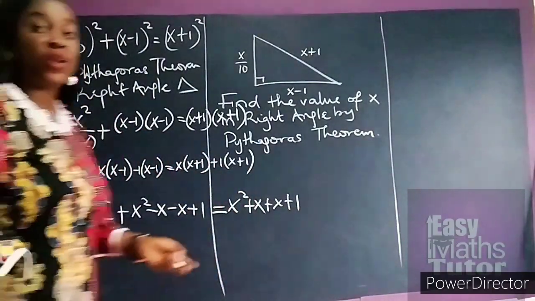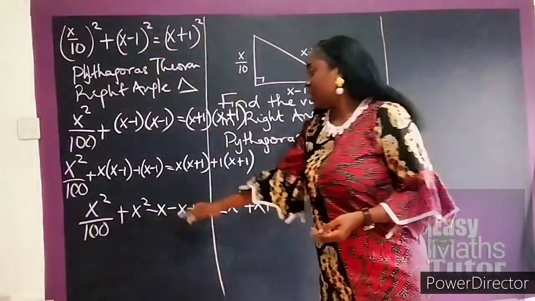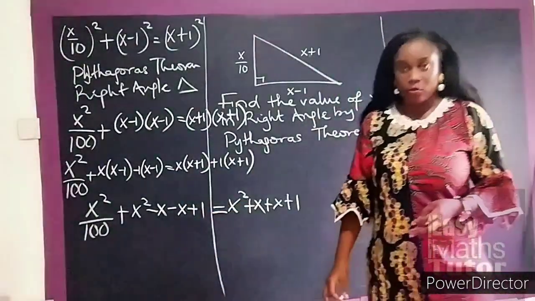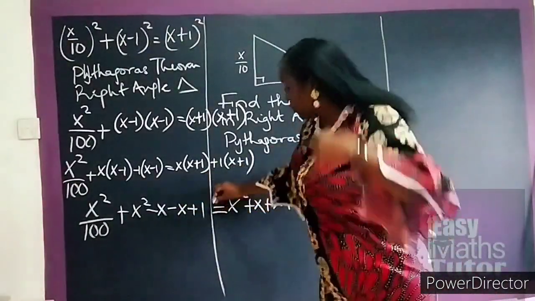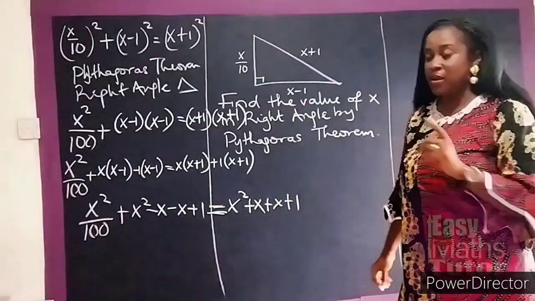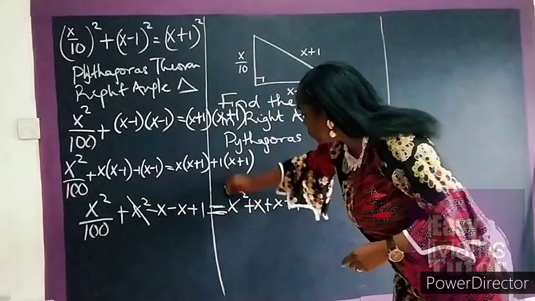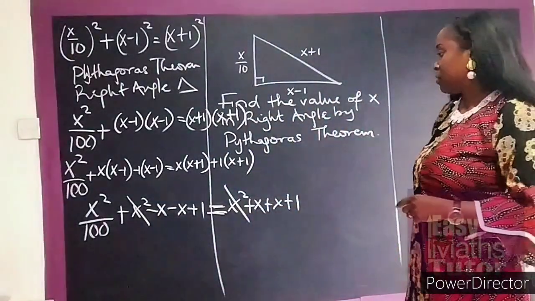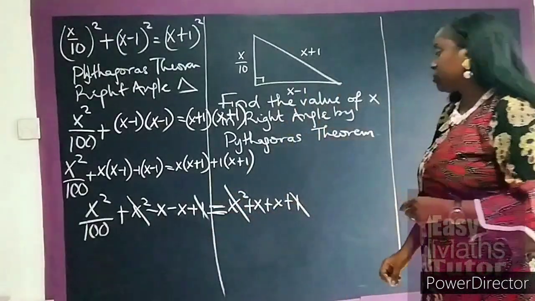Alright? So I'm going to do a quick trick. Anything I see that's the same on this side will cancel itself out. Any term you see occurring on both sides of the equality sign will cancel itself out. That's a trick I'm going to teach you in mathematics. So x squared will cancel x squared. 1 will cancel 1.